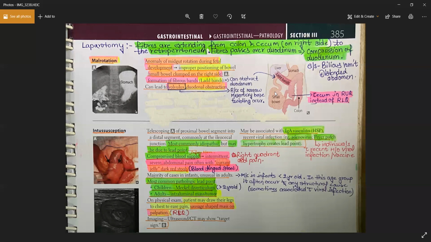Then you will also have the absence of the peritoneum, and the mesentery, I must say, you will have the absence of the mesentery, and the mesenteric base will become very much narrowed. You will have the formation of fibrotic bands between the colon and the liver, right? And these bands can also include the duodenum, so you can have a duodenal obstruction also, right? That can present with constipation and swelling.